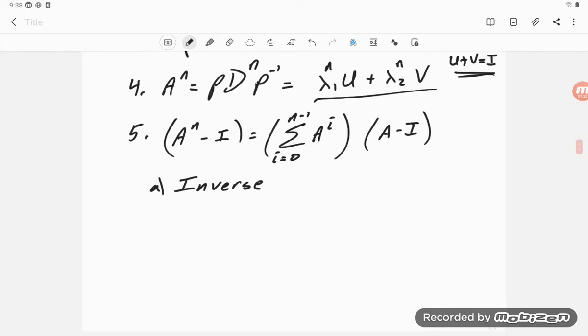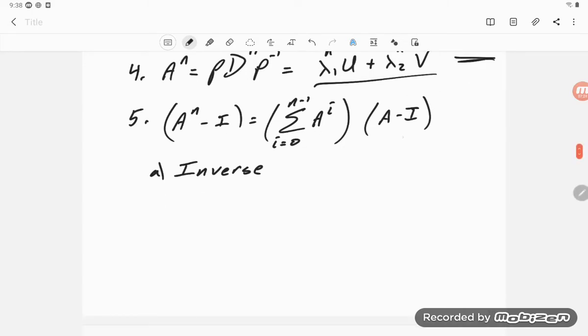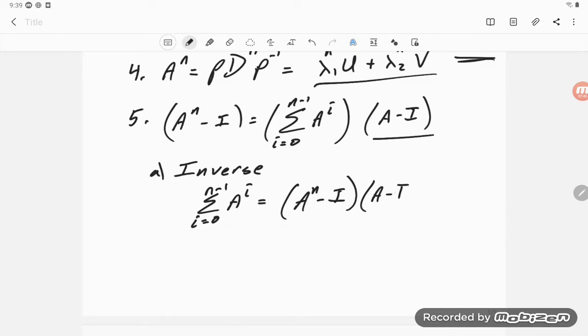You can either use this relationship and an inverse of that thing, A minus I, to get that the sum i equals 0 to n minus 1 of A to the i is equal to A to the n minus I times A minus I inverse.